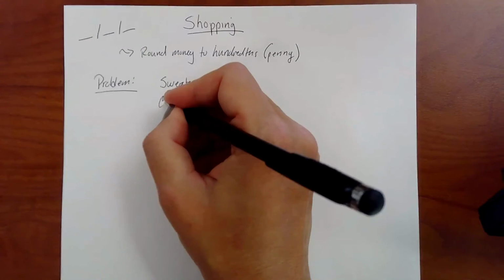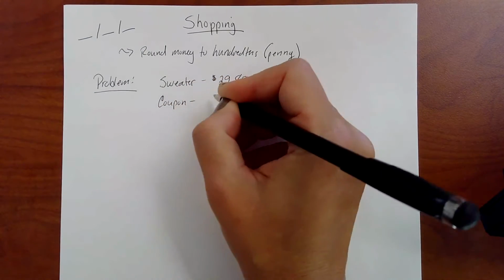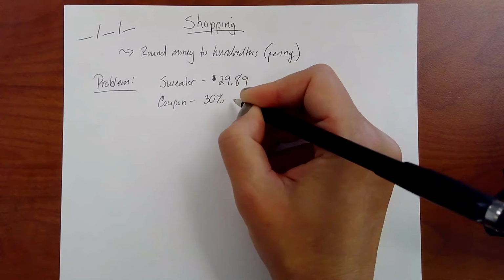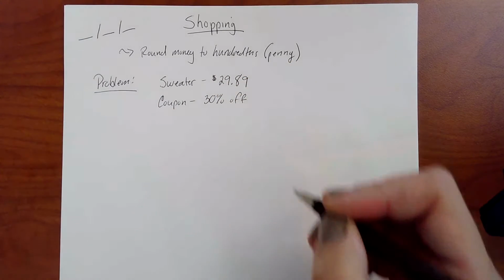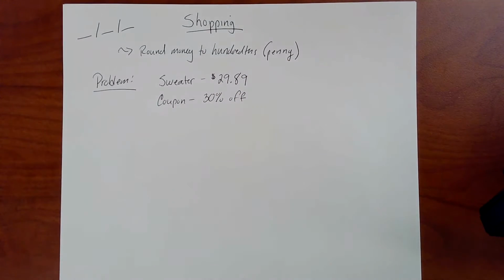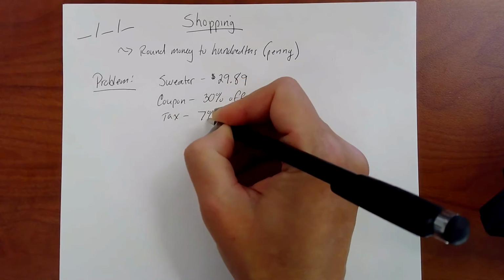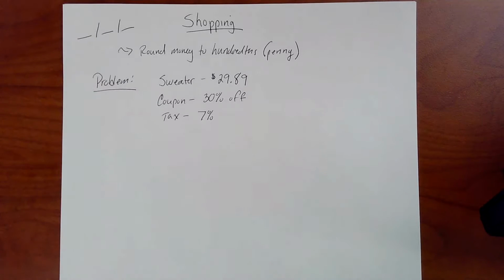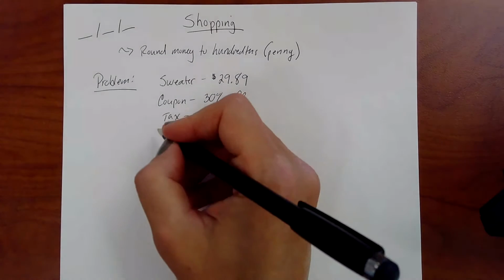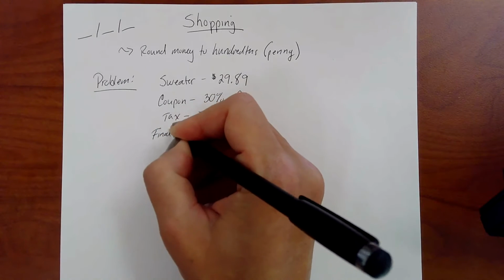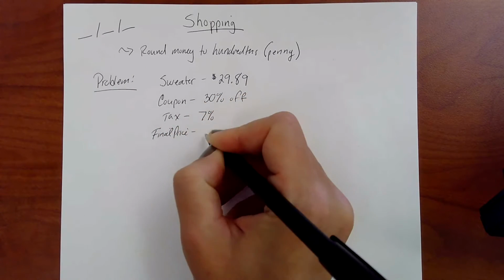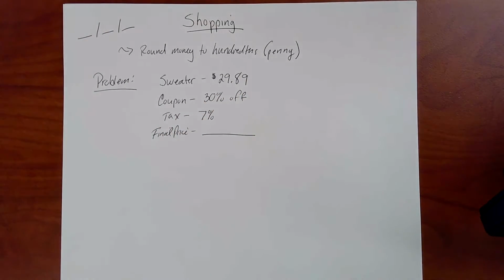You brought a coupon for 30% off. And there's also going to be a tax when you get to the register, a 7% tax. You have to find the final price. So final price, that's what you have to find.